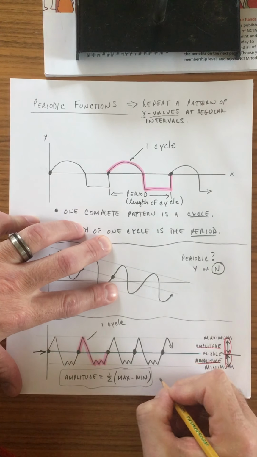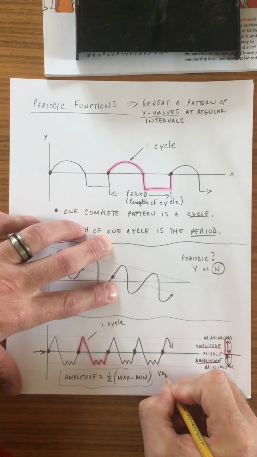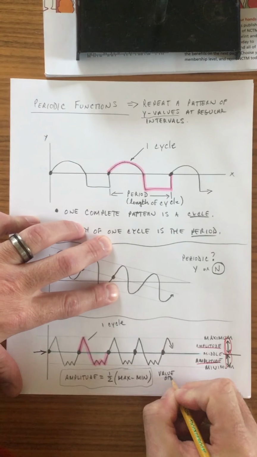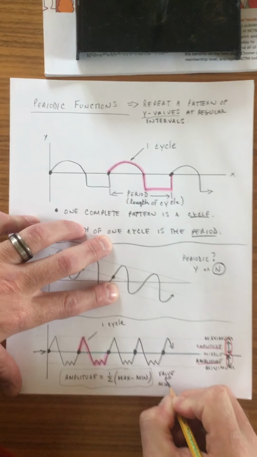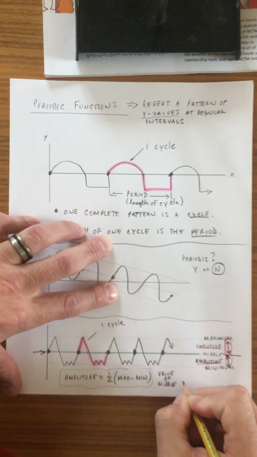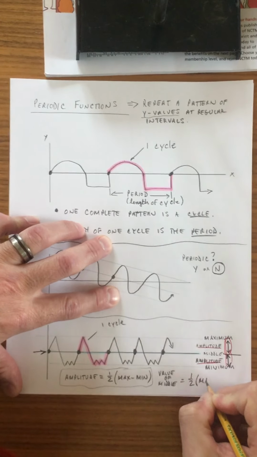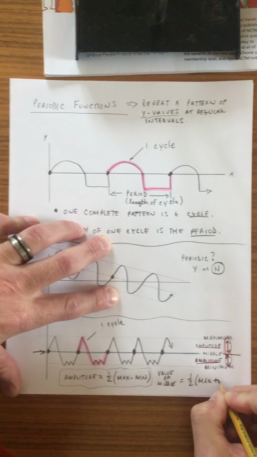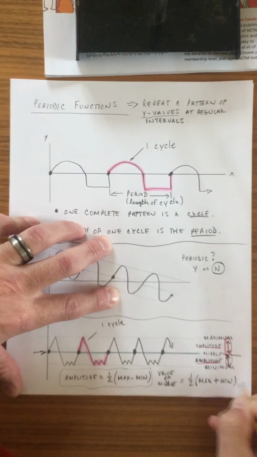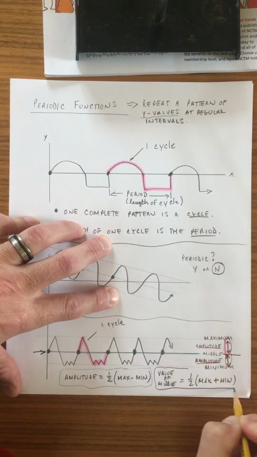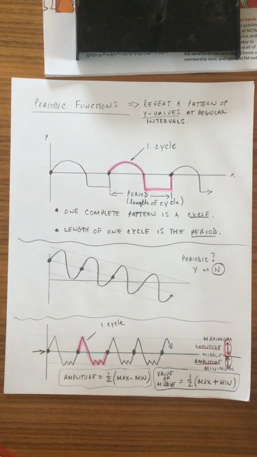And that can be calculated too. So the value of the middle equals 1/2 the max plus the min. Okay, so that can be important too. So there we go, our first definitions of periodic functions.